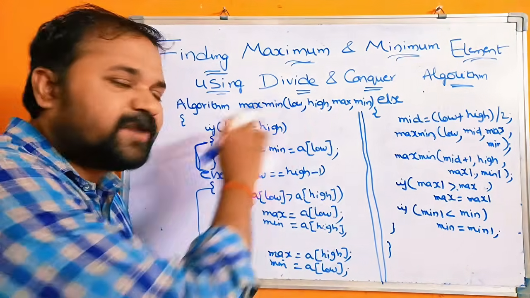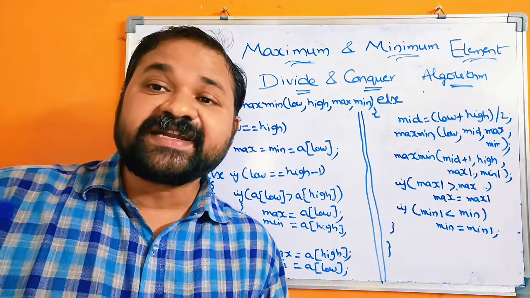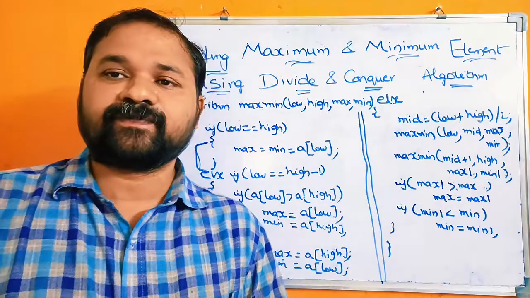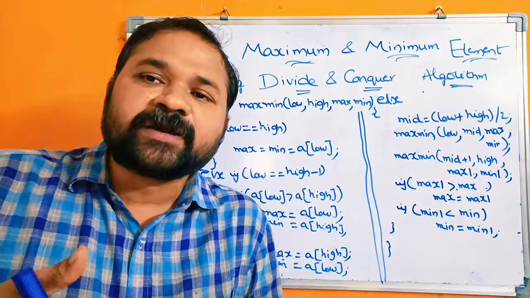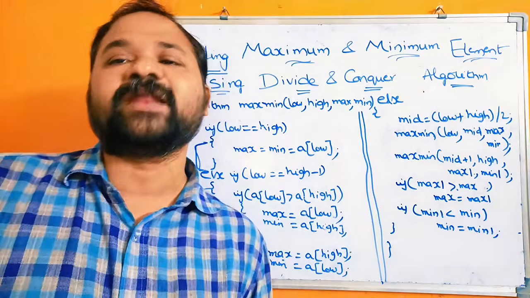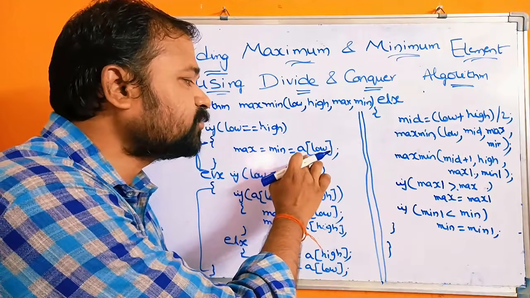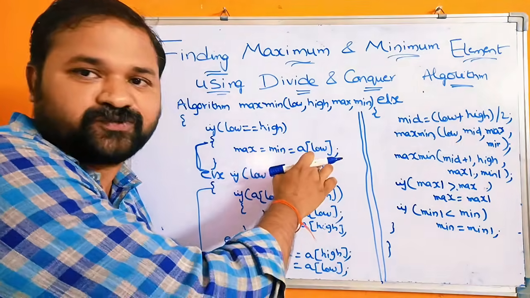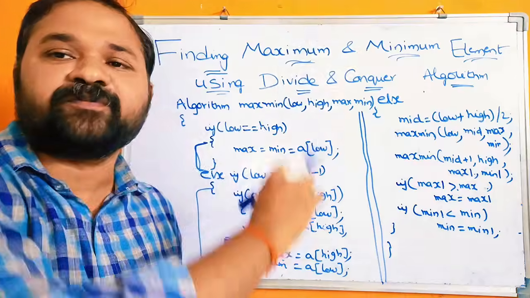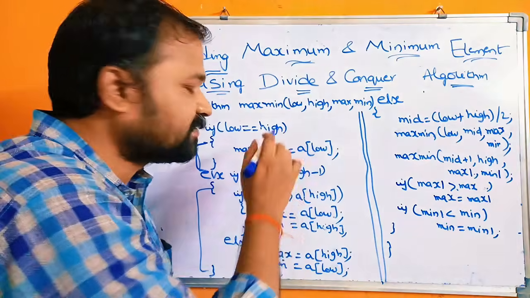If low is equal to high, that means if the list contains only one element, then that element becomes both the maximum element and the minimum element. So max is equal to min is equal to A of low, or we can write A of high also. Here A means array name. So A of low means that element will be stored.